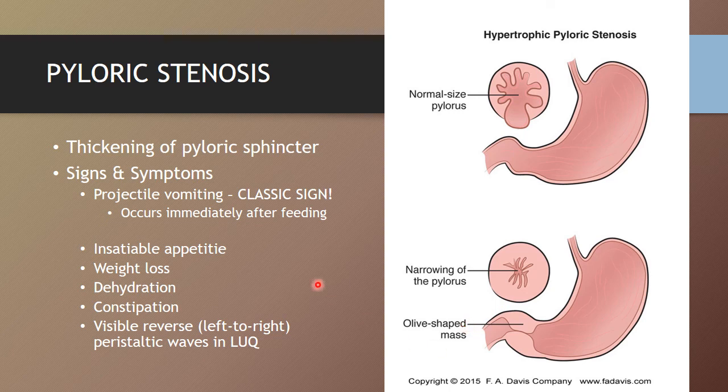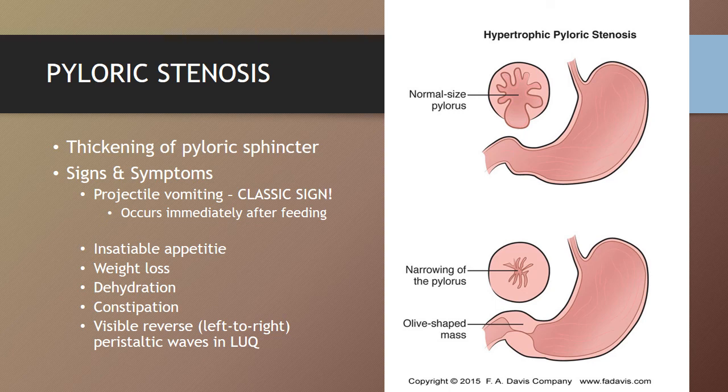Signs and symptoms. The classic sign for this is projectile vomiting, and this occurs immediately after feeding. That's the classic sign for pyloric stenosis, dead on. They may also have an insatiable appetite because they're so hungry. They're throwing up after every feed, so they're so hungry, sucking on that nipple hard.